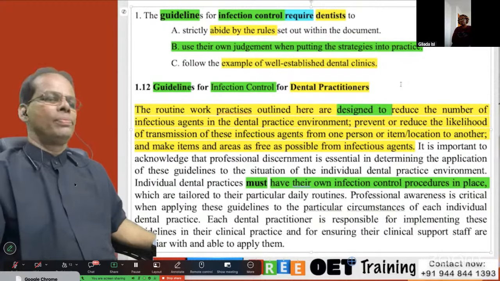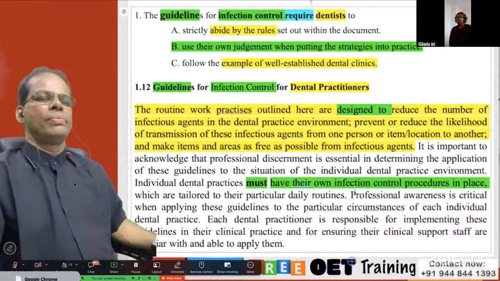It is important to acknowledge that professional discernment is essential in determining the application of these guidelines to the situation of the individual dental practice environment. Individual dental practices must have their own infection control procedures in place, which are tailored to their particular daily routine.